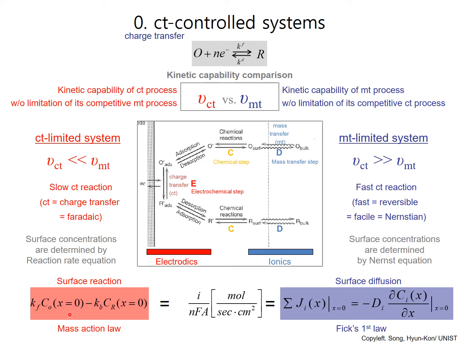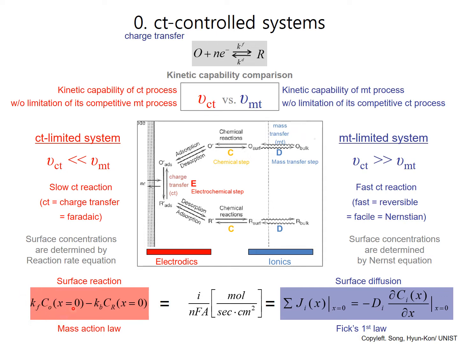For the forward reaction, the reactant is the oxidized species because this direction is the forward reaction. So the surface concentration of oxidized species is used for the forward reaction rate.